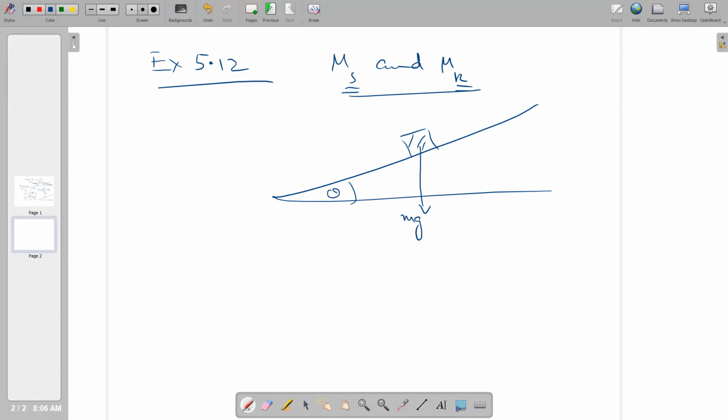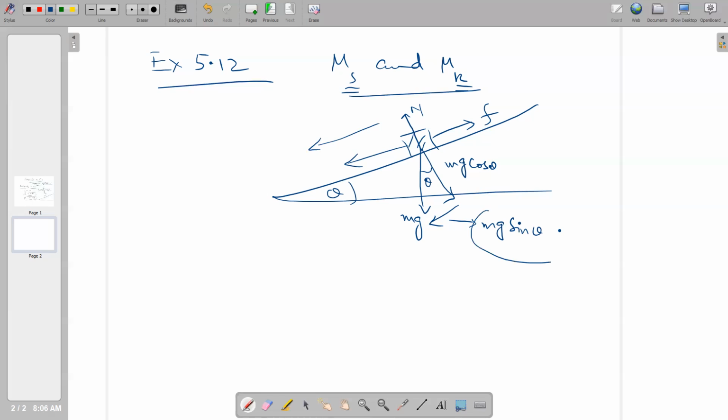If this angle is theta, then this is the normal reaction, and these are the components of the weight: mg cos theta and mg sin theta. The body wants to move in this way, and this is the frictional force. Remember, the body tries to move in this direction with this component.